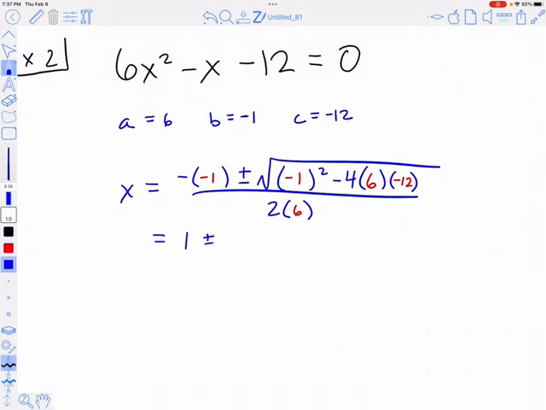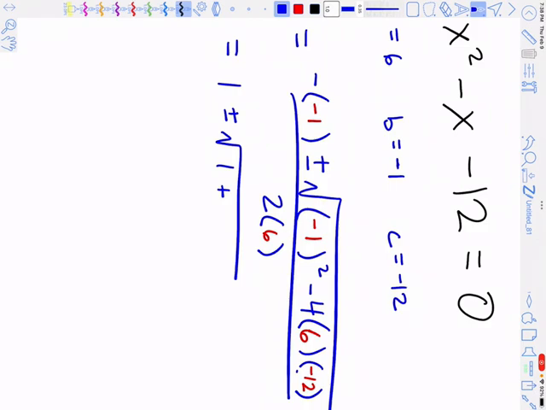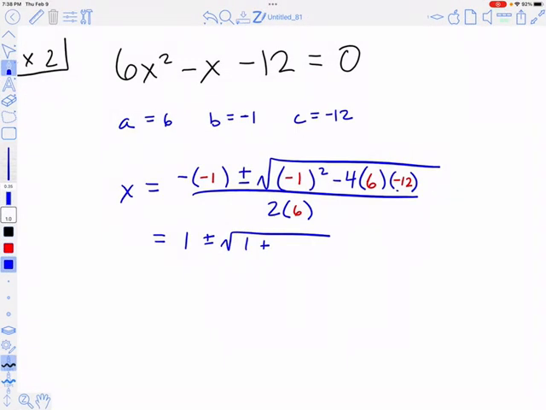I have two negatives again, which is going to make a plus. And what is 4 times 6 times 12? 288. And 12 on the bottom. And so now we have 1 plus or minus the square root of 289 over 12.